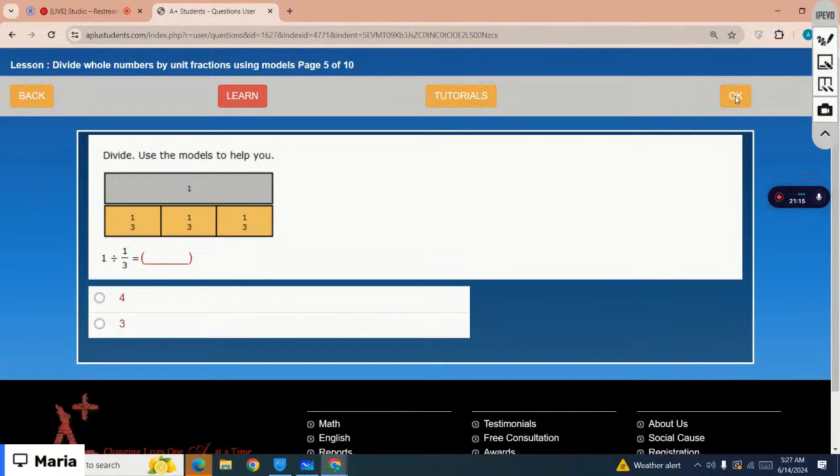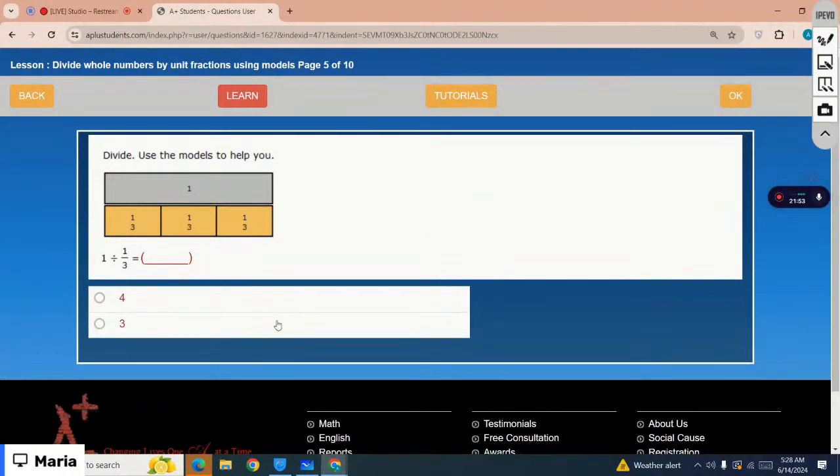Use the model to help you. 1 divided by 1 by 3 equals. The correct option is 3.